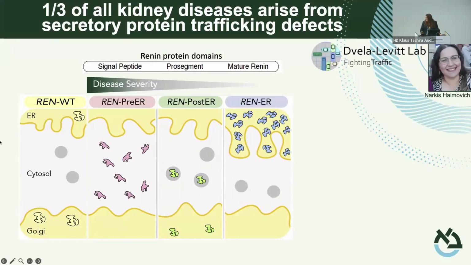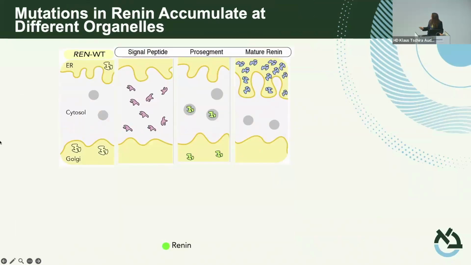And most importantly, the mutants will be accumulated in different compartments or organelles in the cell that are associated with the specific defect in trafficking that this mutant has. Okay, so what they designed is a set of 4 different cell types, the wild type and 3 mutants.